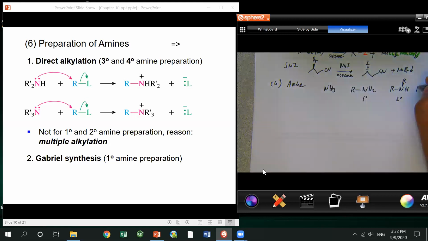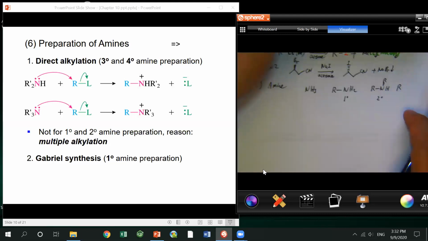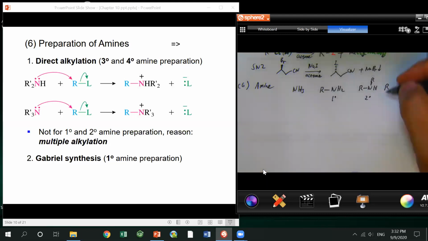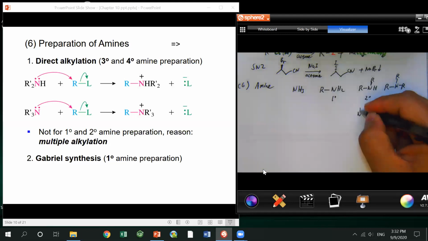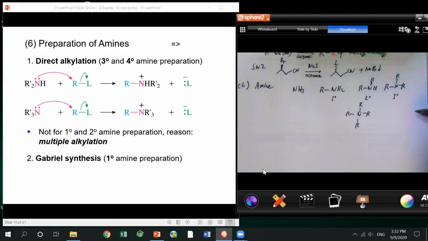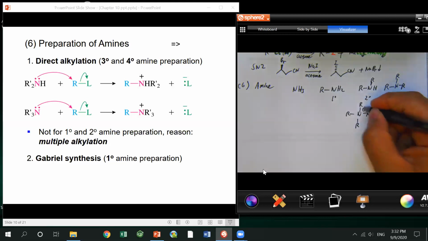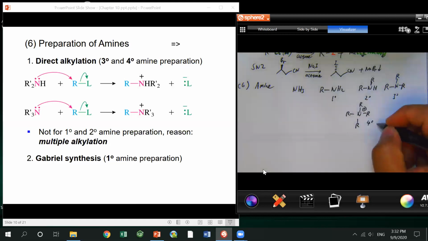Tertiary amine: three alkyl groups, no hydrogen. There's also an additional one, the quaternary amine, something like this. The quaternary amine is actually a cation, so sometimes people call it ammonium. So that's the quaternary amine.